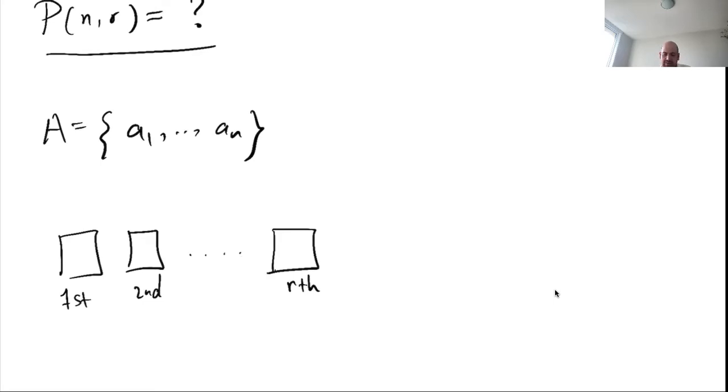Now, for the first element, how many options do I have to choose from? Because A has N elements in total, right? So I have N options for the first spot.